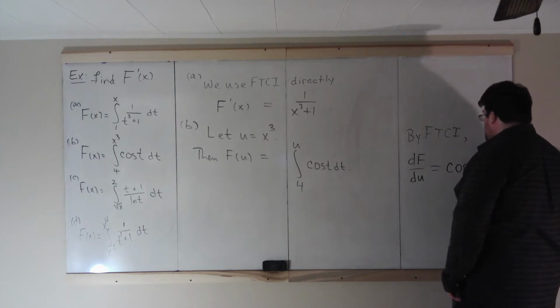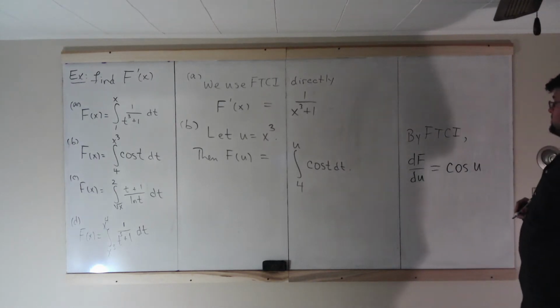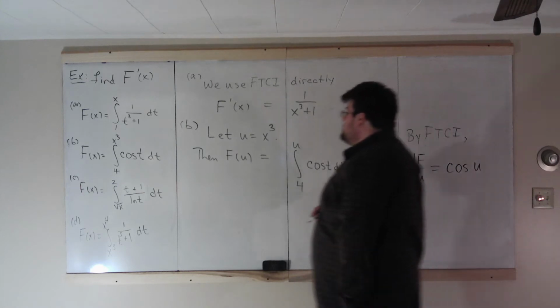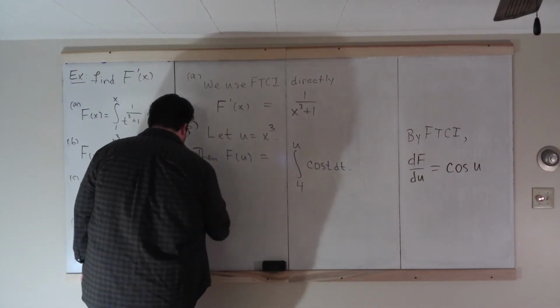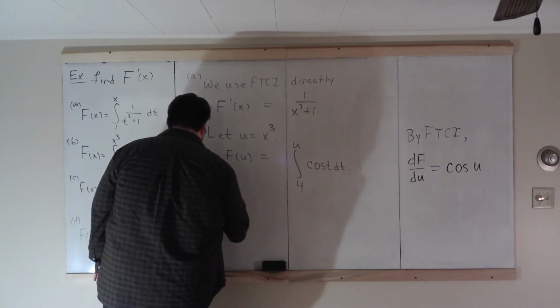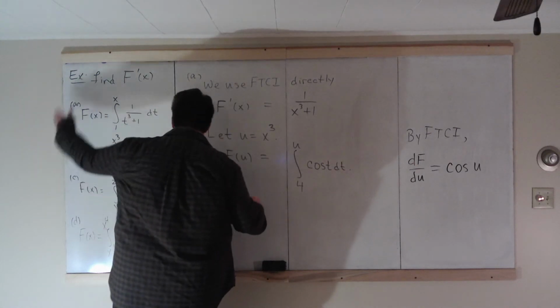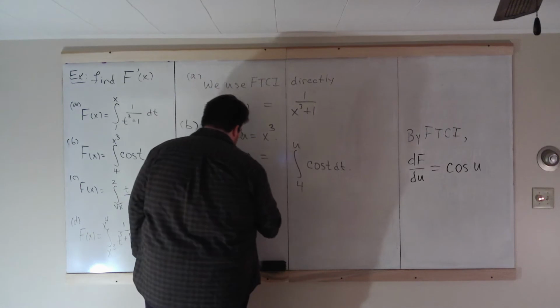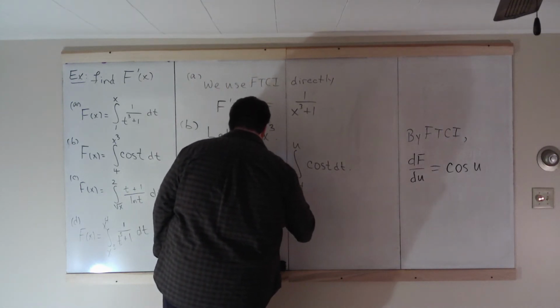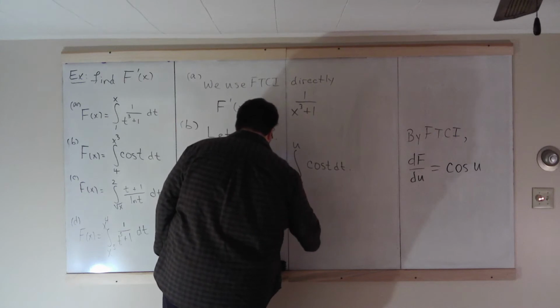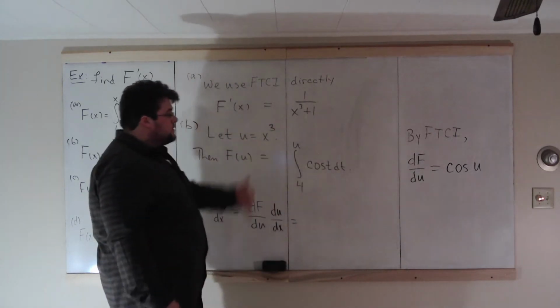By the first part, dF/du is cosine of u. What's du/dx? Well, it's 3x squared. So dF/dx, which equals F prime of x, equals dF/du times du/dx. dF/du is cosine of u.